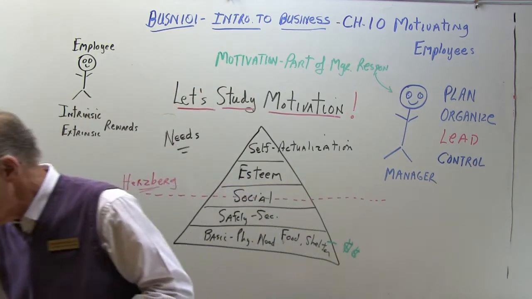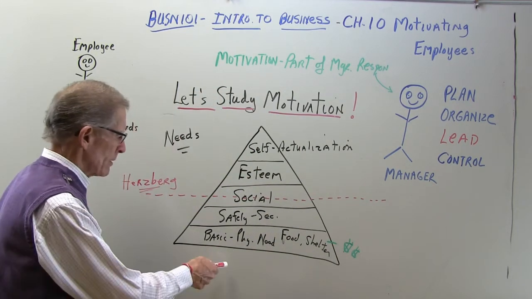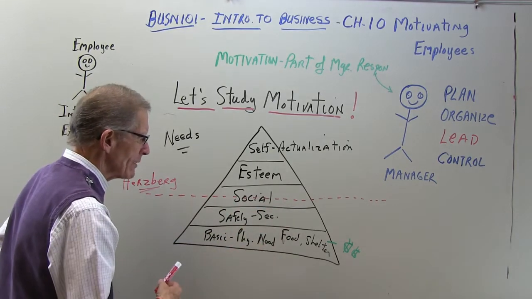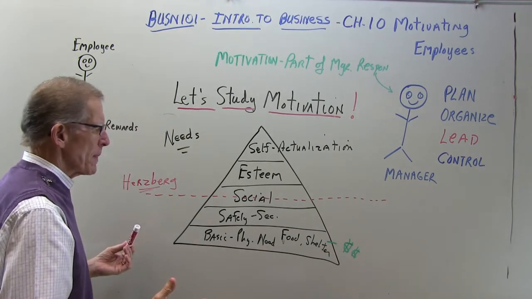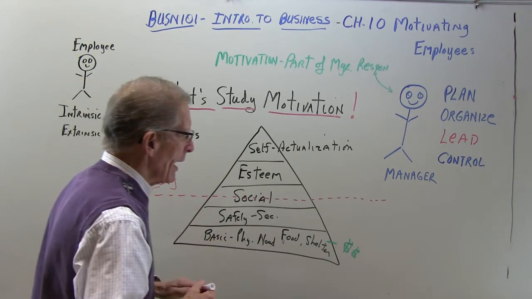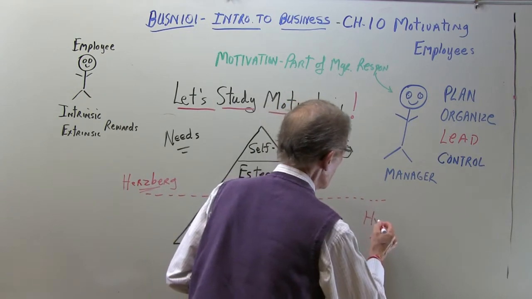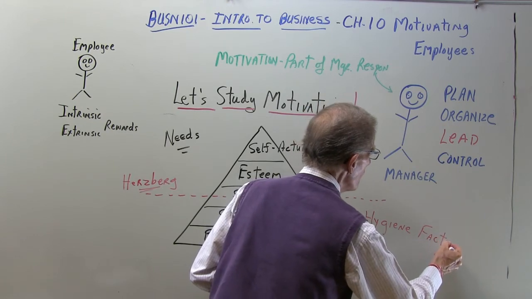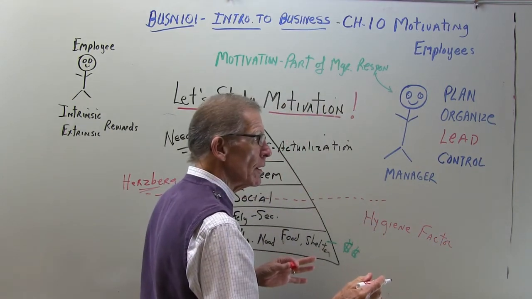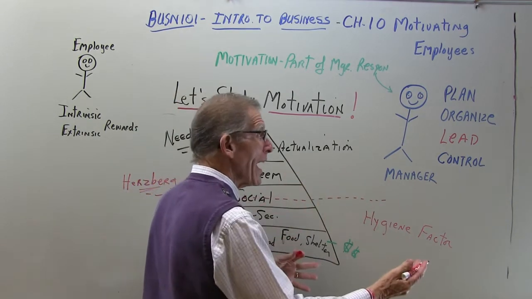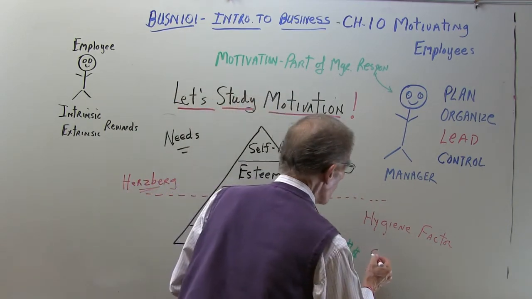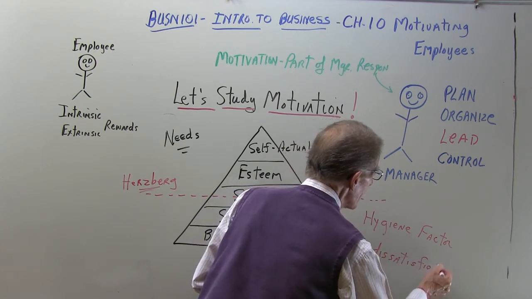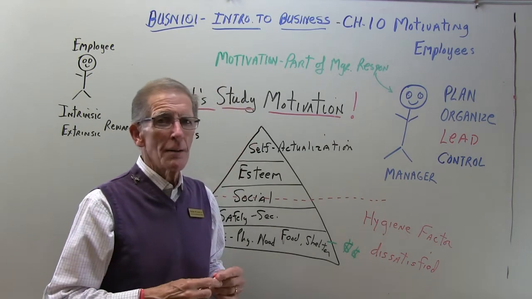You get the idea? Hertzberg says some getting together with other folks, safety and security, basic needs. These things don't motivate you. And you expect to have these in a business. He said these things are what's called hygiene factors. They don't motivate you because you expect to have them. But if you don't have them, you are dissatisfied or not motivated.